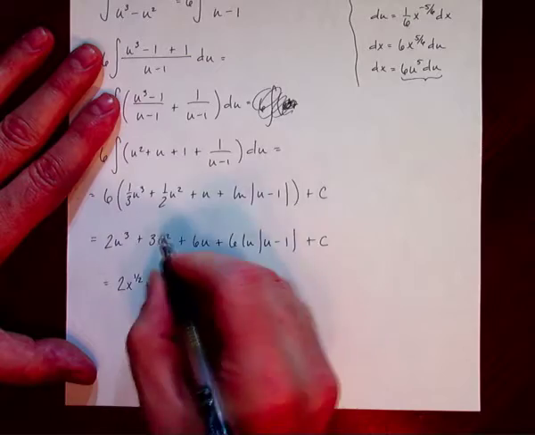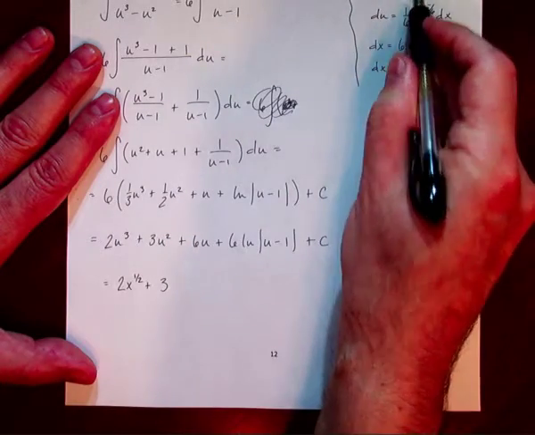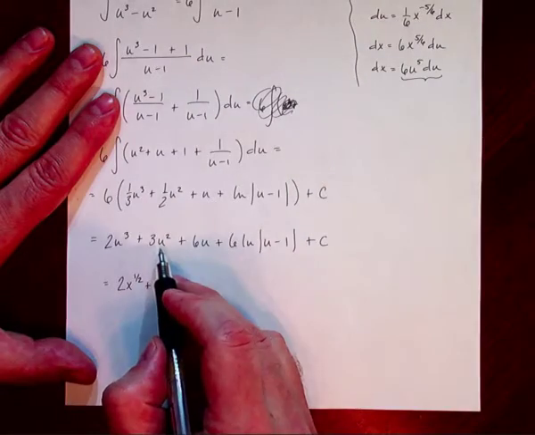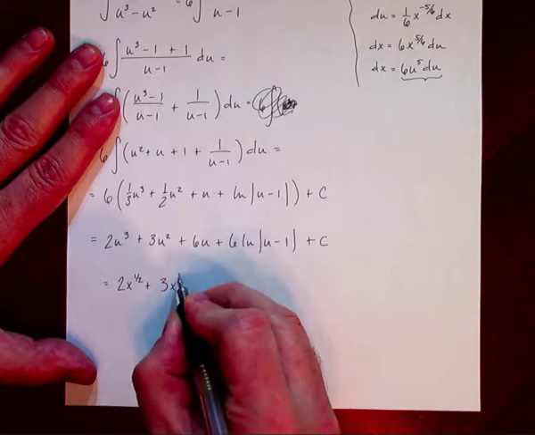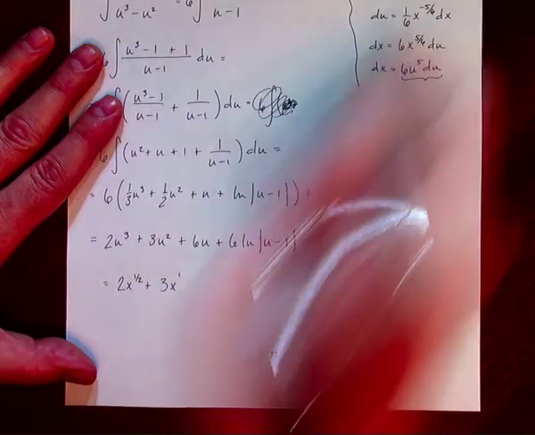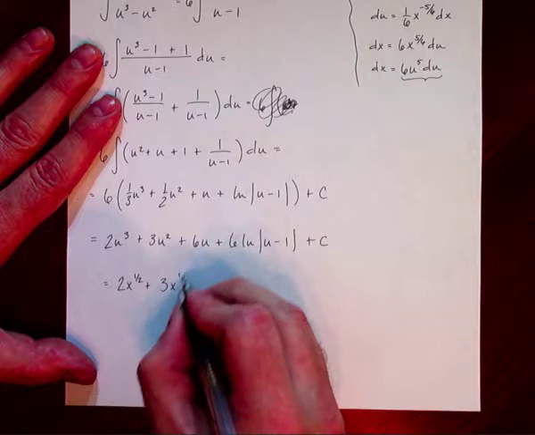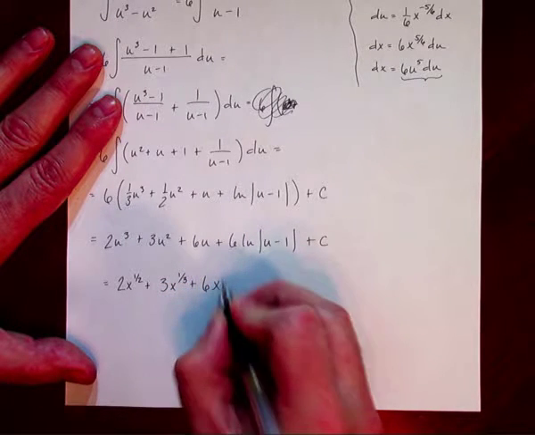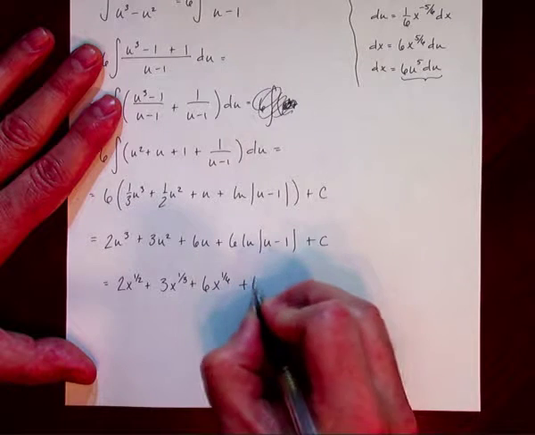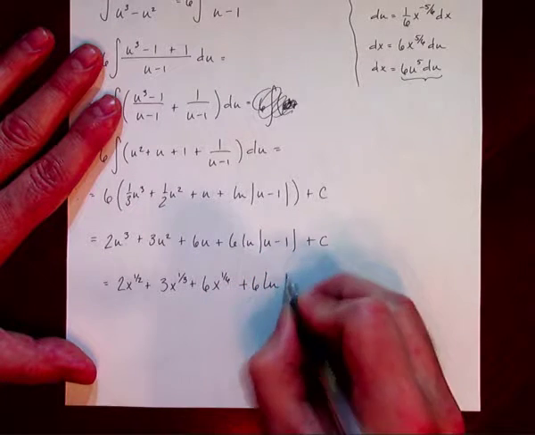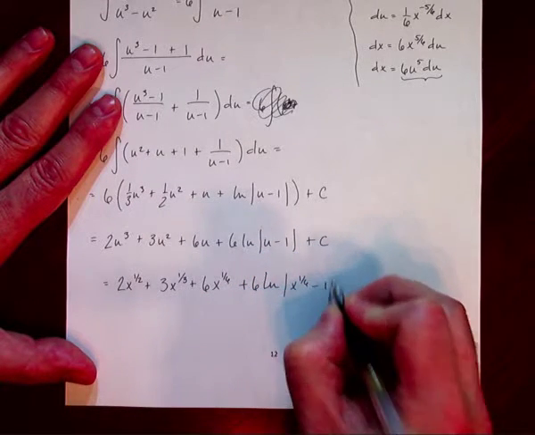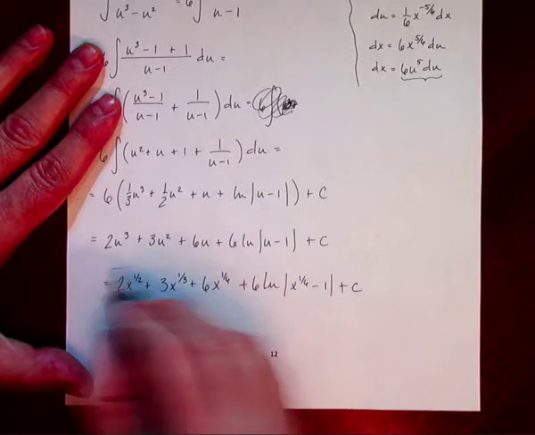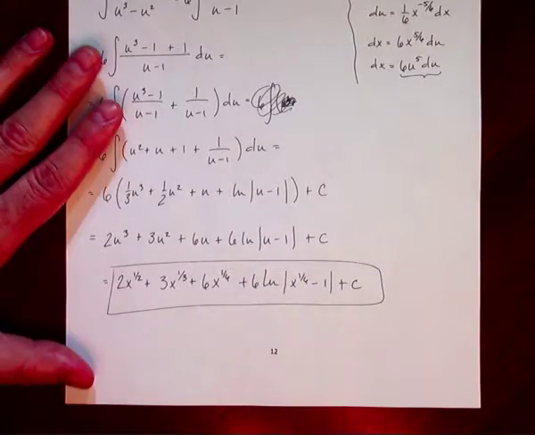When I square, x to the 1/6 squared is x to the 2/6, so x to the 1/3 when it reduces. And this becomes 6x to the 1/6 plus 6 natural log x to the 1/6 minus 1 plus c. And you're thinking to yourself, that can't possibly be correct.